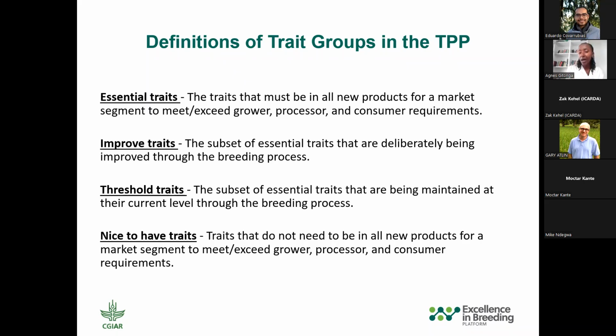Then we have the nice to have traits. They do not need to be in all products to drive product adoption. But in the event that we are, for example, in an advancement meeting, and you have products going head to head in terms of essential traits, we can use the nice to have traits as a tiebreaker: if a product has more nice to have traits, that would carry the day.